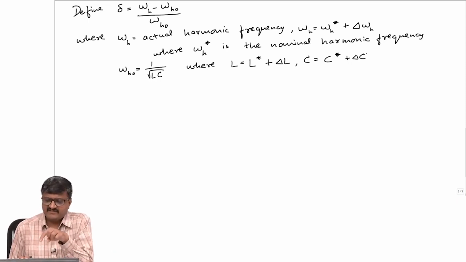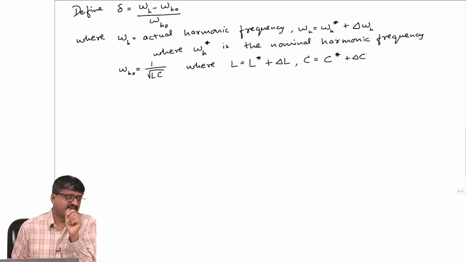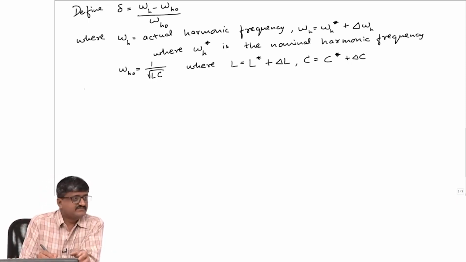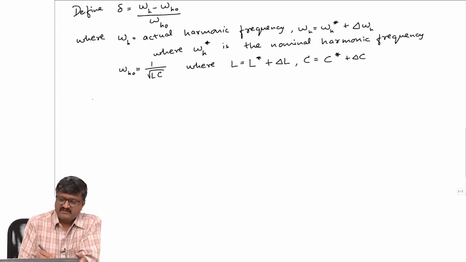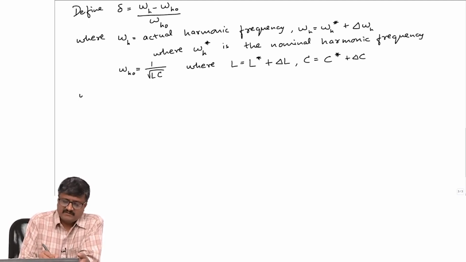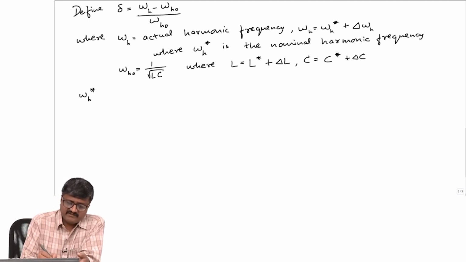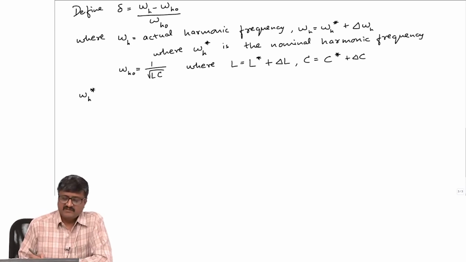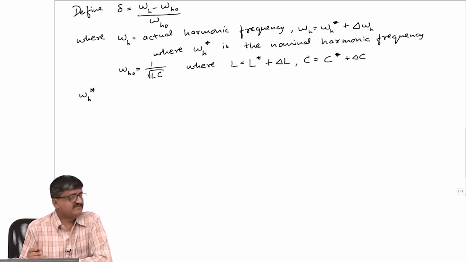Now, this L star, C star and omega h star are actually related. When everything is ideal, omega h star is the nominal value, a fixed value. So, can I establish a relationship between omega h star, L star, C star?